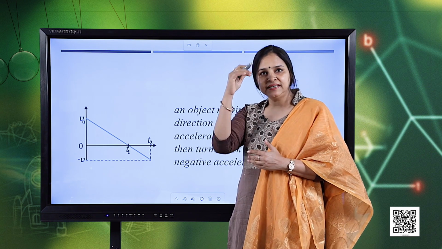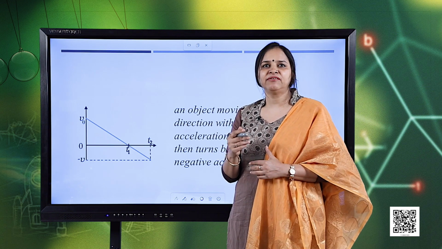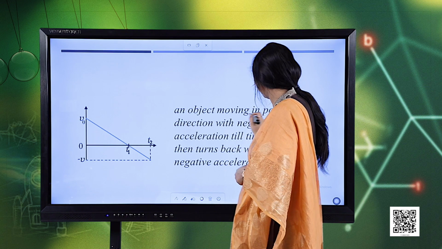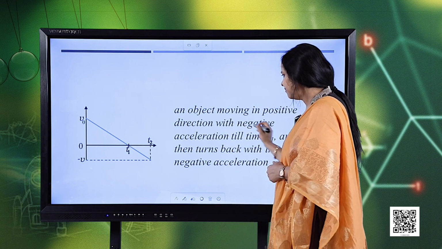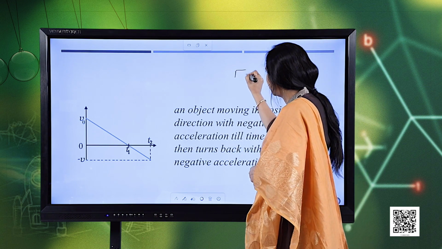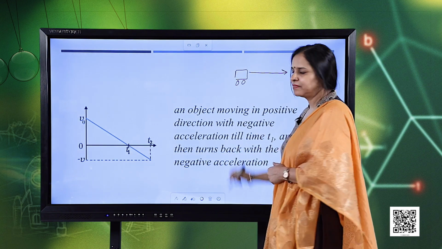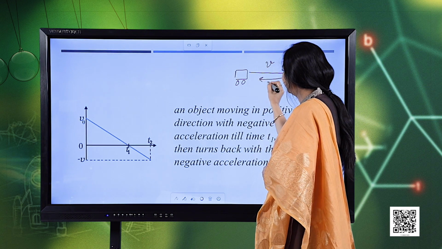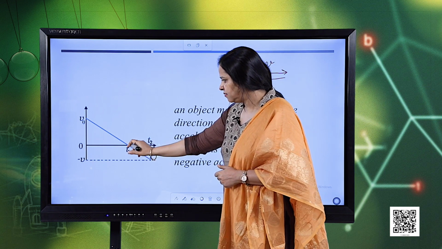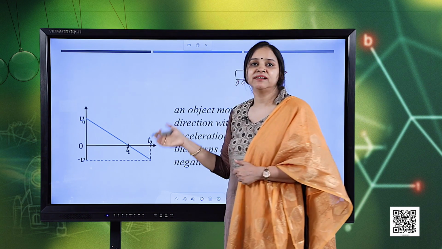If its magnitude is decreasing, that is only possible if it is a case of deceleration. So, initially the velocity is positive, but the acceleration is negative, that is in the opposite direction. So, we can consider a vehicle which is initially moving in the positive direction, but its acceleration is opposite to its motion. So, at time t1 the velocity becomes 0 and the motion continues.